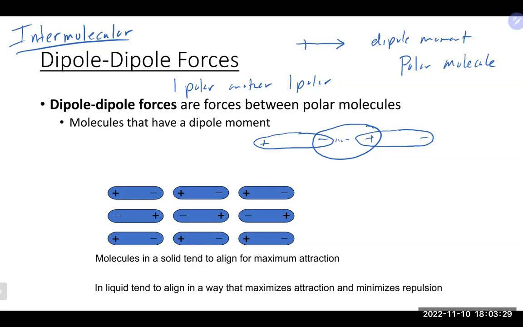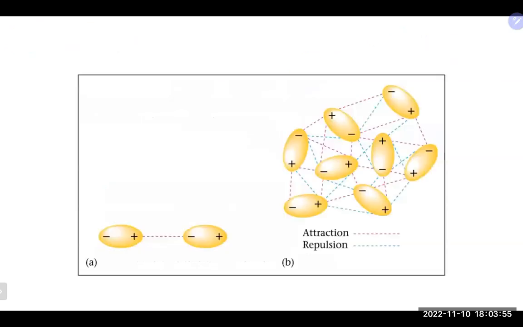But they will continue to move around until they find a livable situation where we maximize those attractive forces and minimize the repulsion forces. So when we talk about intermolecular forces for polar molecules, dipole-dipole is really the main force that will hold those guys together. Questions on that there?